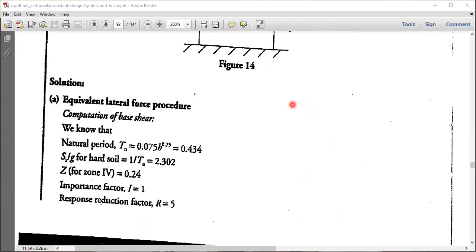It is hard soil, so here we fall under this category, and the value that we are getting for Tn is 0.434. So 0.434 lies in the range where Sa by g is 1 by T, that is 0.4 to 4 seconds. So I'll use this 1 by T for finding the Sa by g value. Please substitute according to the data we are getting.